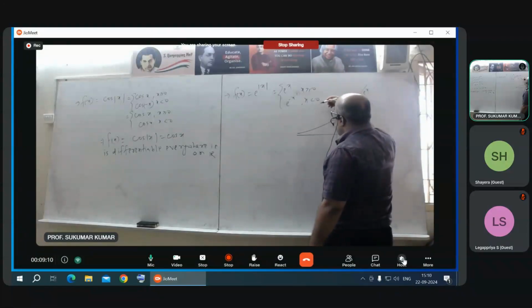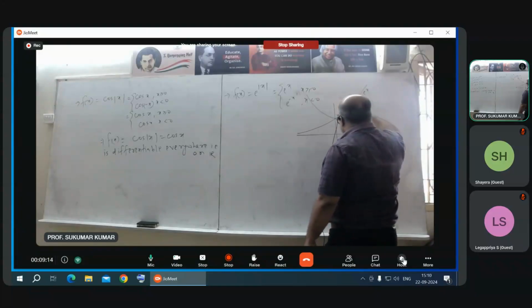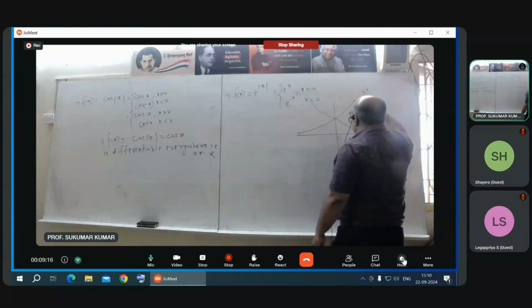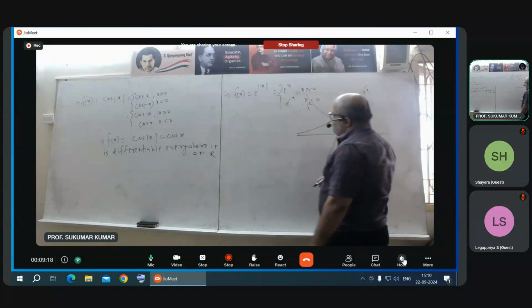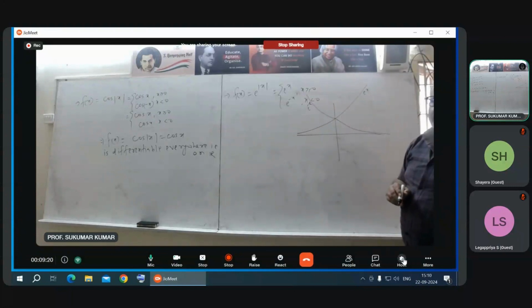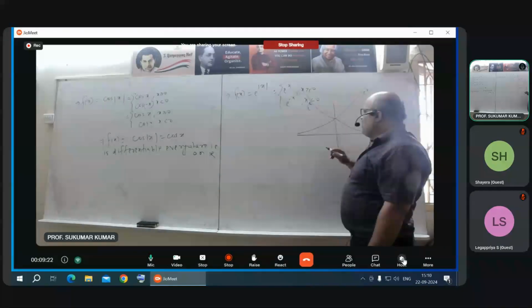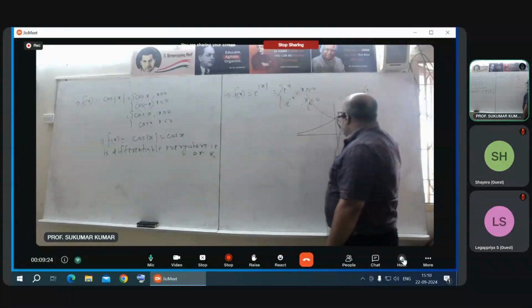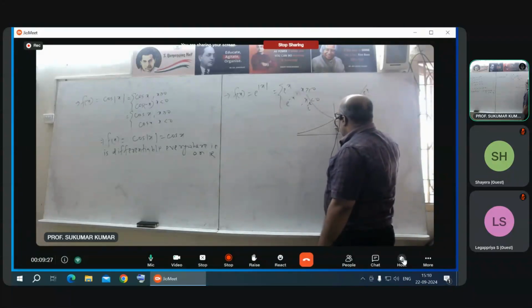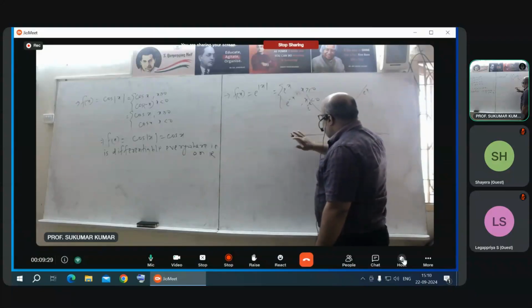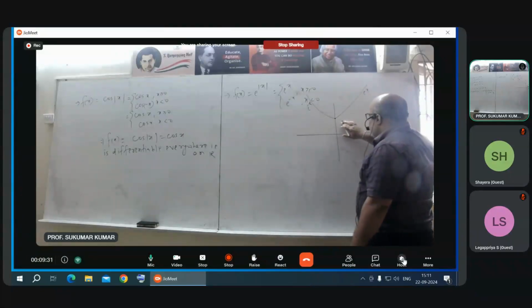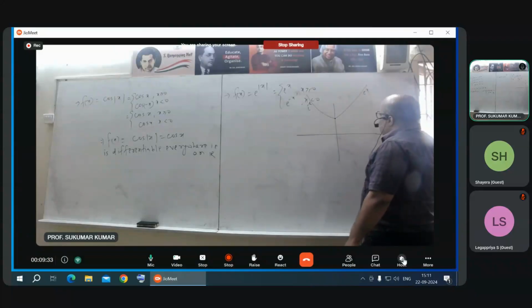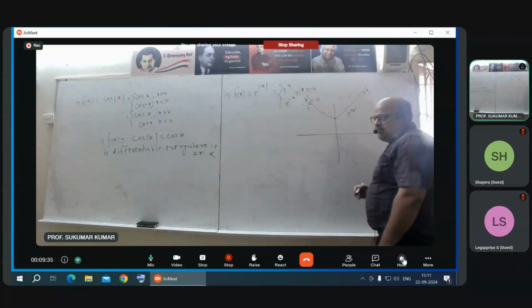And e power minus x, this type will come. So for e power mod x, the graph will start from here. Means we can just tell this portion and this portion we will delete. Now this is e power mod x.